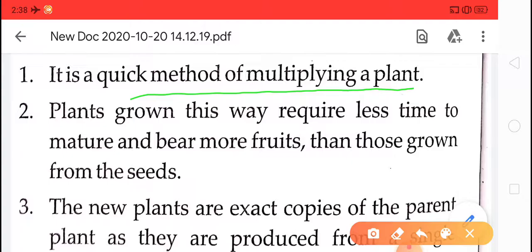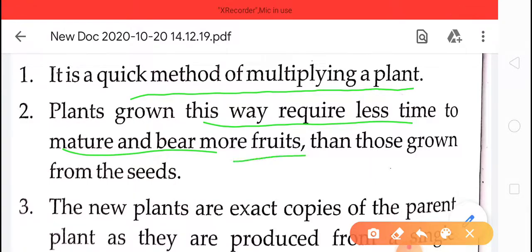Second, plants grown this way require less time to mature and bear more fruits than those grown from seeds. As compared to other plants, these tissue culture plants mature in much less time and bear more fruits. That is the second advantage.